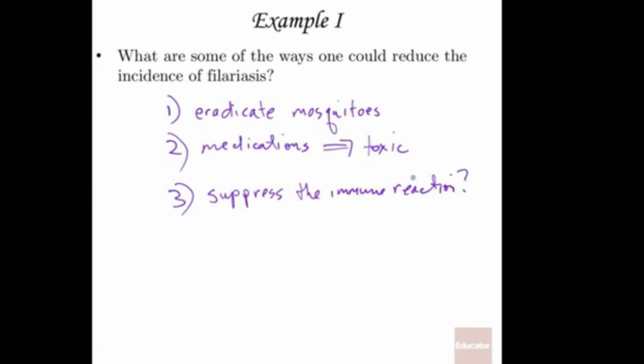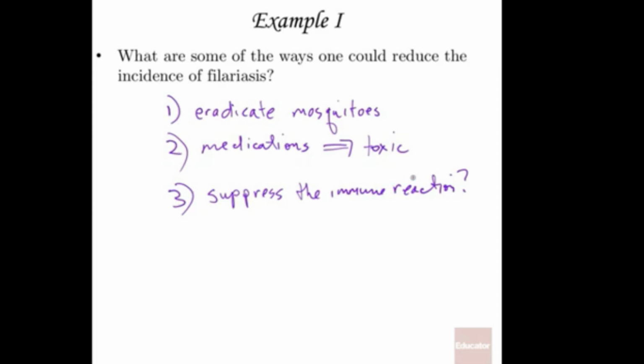So, for instance, if the individual is extremely disfigured by this elephantiasis, then potentially we can work on draining the lymphatics, and maybe we could even perform surgery and remove the lymph node or lymph nodes where the organism lives.